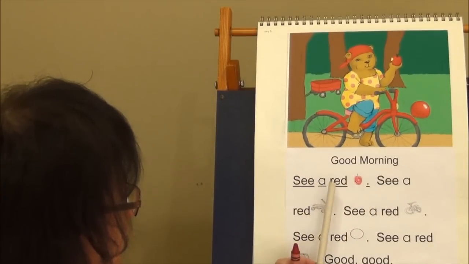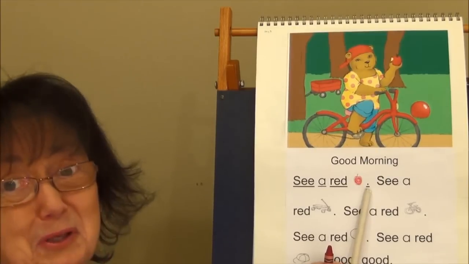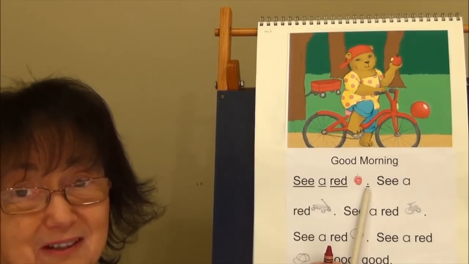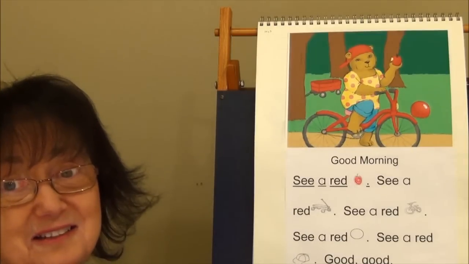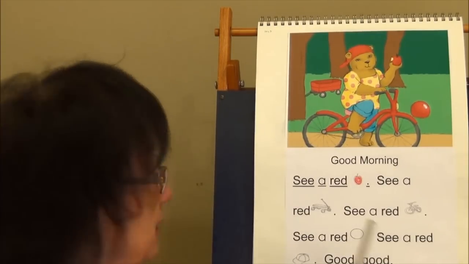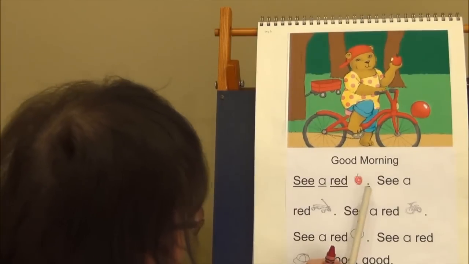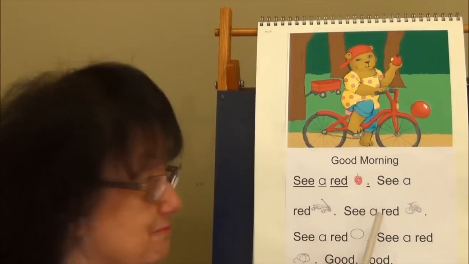See a red apple. Stop. The period means stop. And you have to wait a second and read the next sentence. All right? So the next sentence is going to say something else. This is called a sentence, and there's a period at the end of it that means stop.